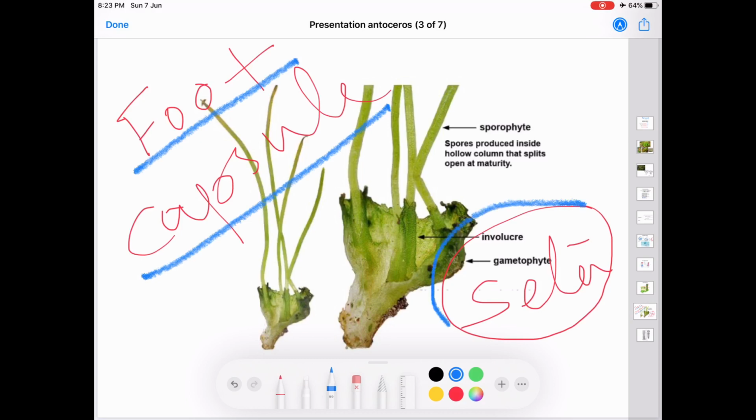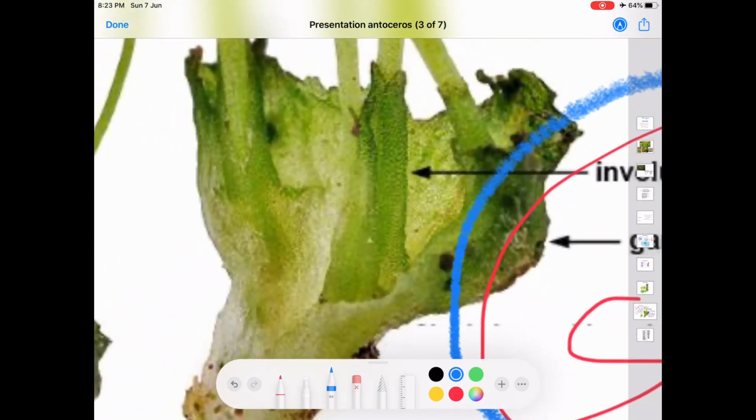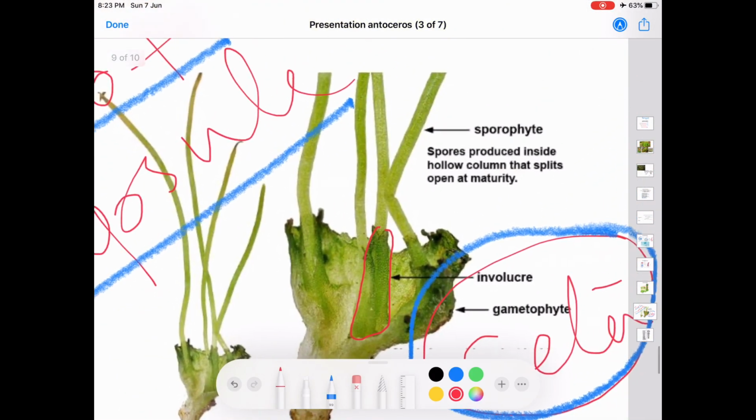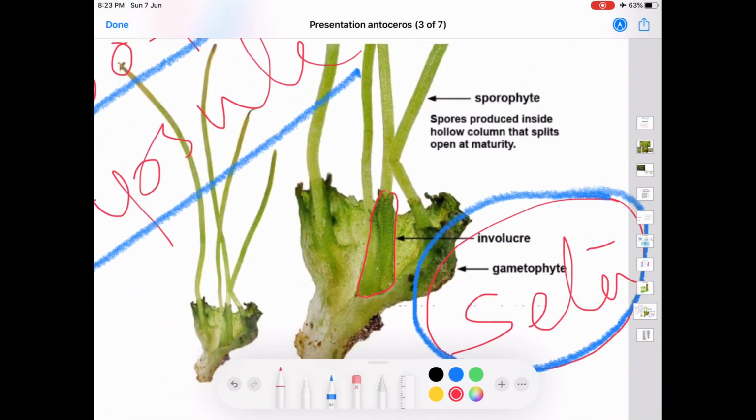The seta is totally absent. Each sporophyte is surrounded by a tubular involucre. See, this is the tubular involucre, and it surrounds the sporophyte at the basal region.